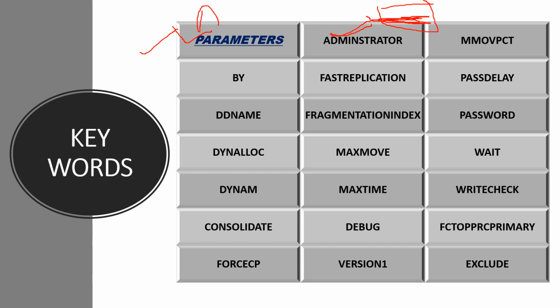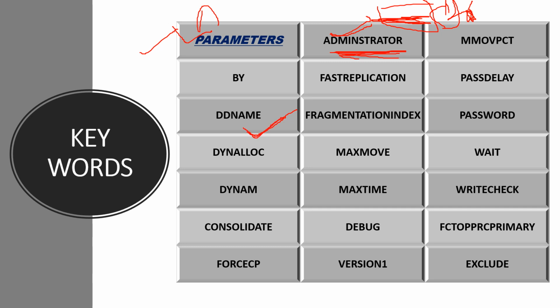Mostly defrag jobs are run by storage admins, who have almost all STG access, storage access in the system. All RACF authorities will be checked by this ADMIN keyword, and it will run the defrag on that particular volume. And you use DD name when you specify your data set or your volume which has to be defragged.